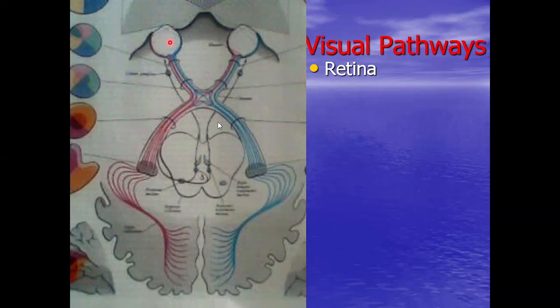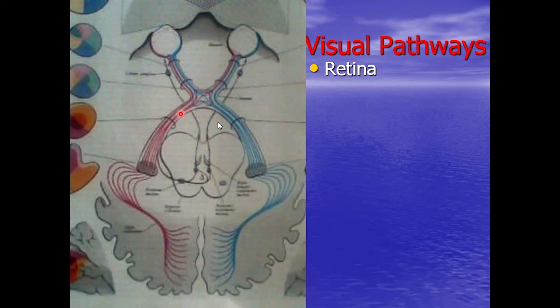So this part of the brain is looking at the ipsilateral nasal field of vision for the same eye, but the contralateral temporal field of vision from the other. So this is what we have as the fibers. That is at the optic chiasma.